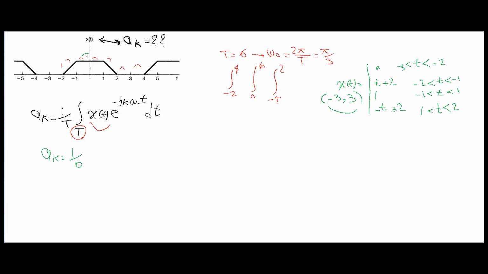Now we substitute this into the integral. a_k equals 1 over 6, the integral from -3 to 3 of x(t) e to the power of minus jkπ/3 t dt.